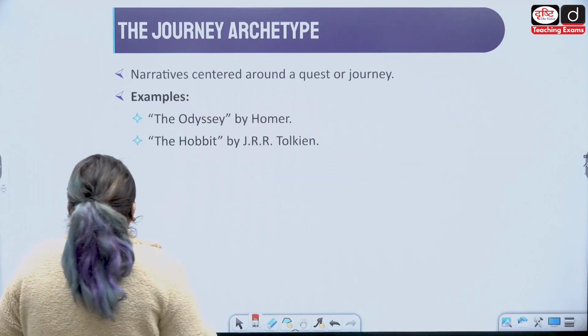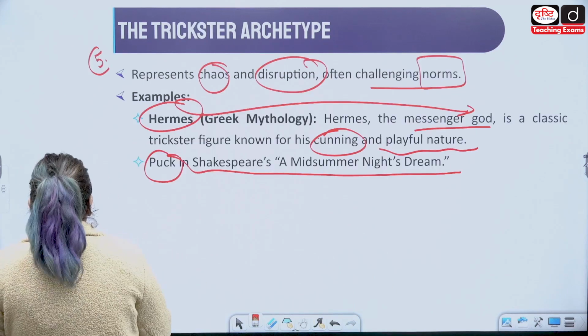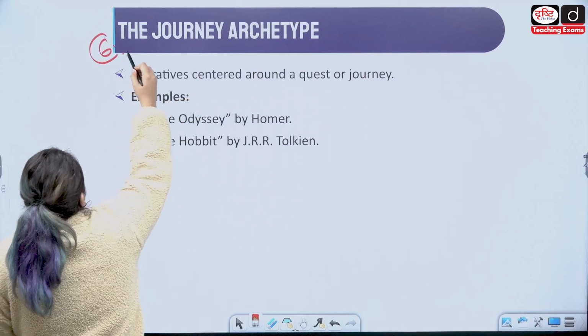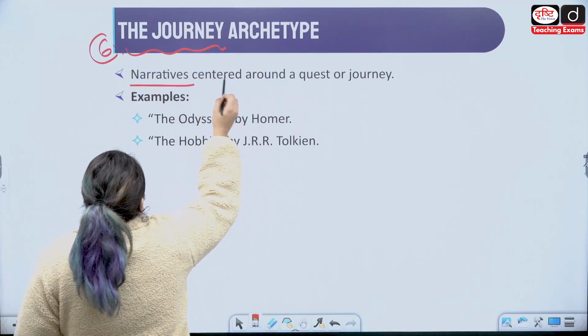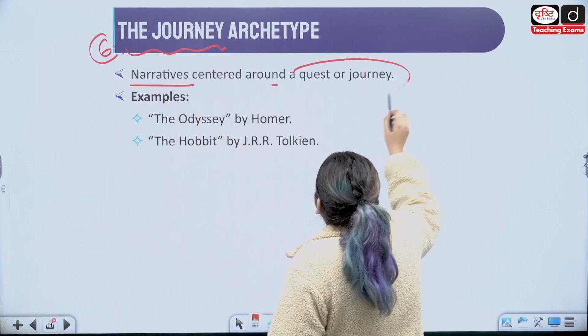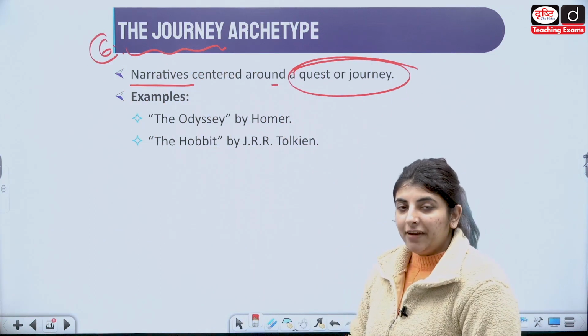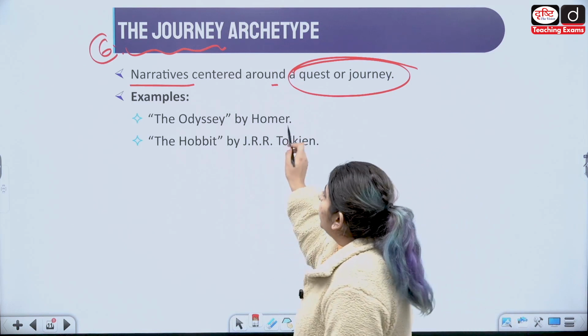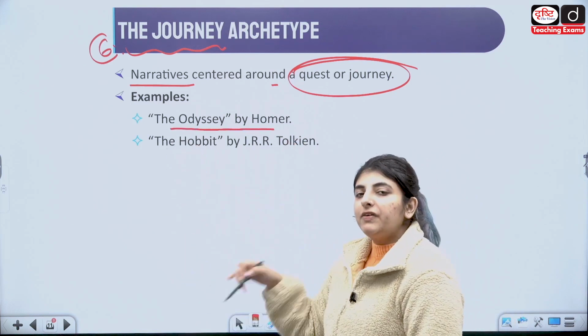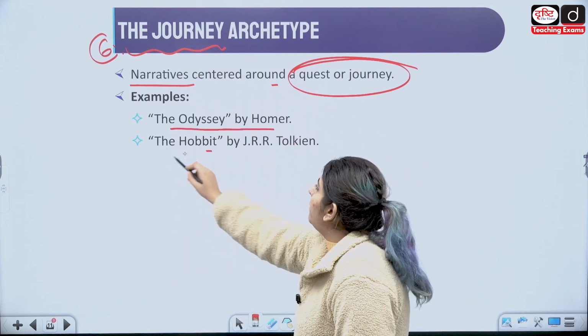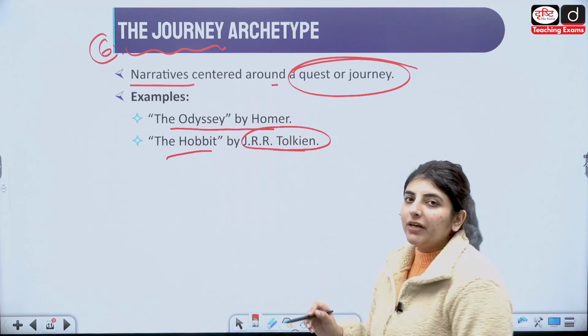Okay? Then, this one was number 5, number 6 we have the journey archetype, where narratives are centered around a quest or journey. You want to find an answer to anything and everything, right? So the Odyssey by Homer, the Odyssey itself is about a tour, right? The Hobbit by J.R.R. Tolkien.